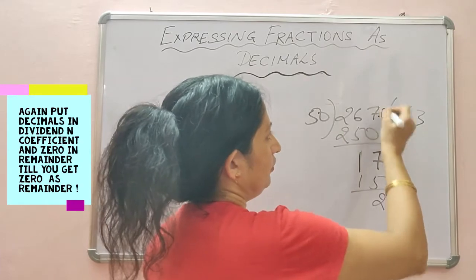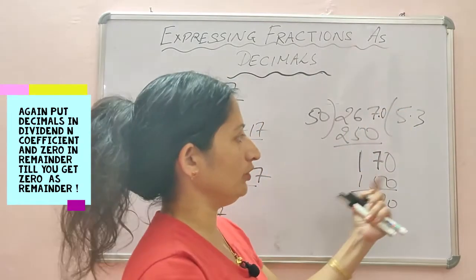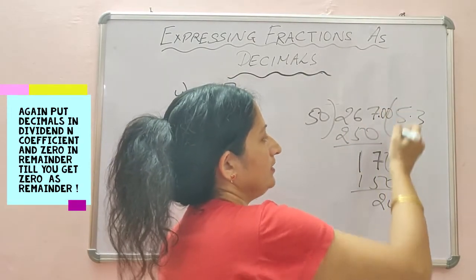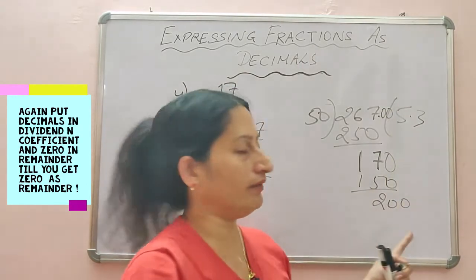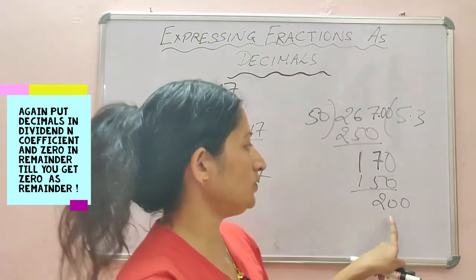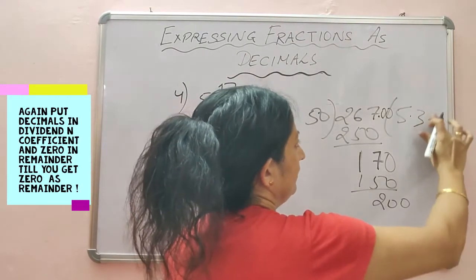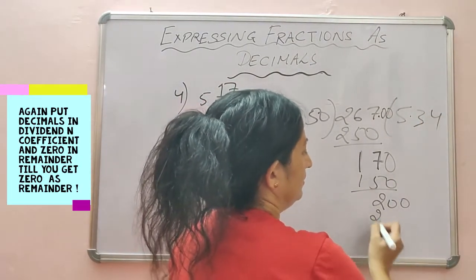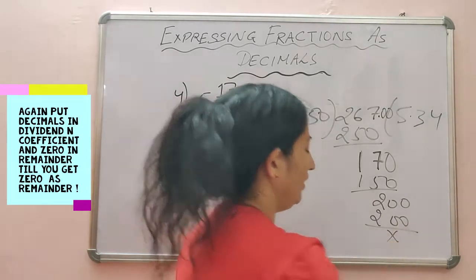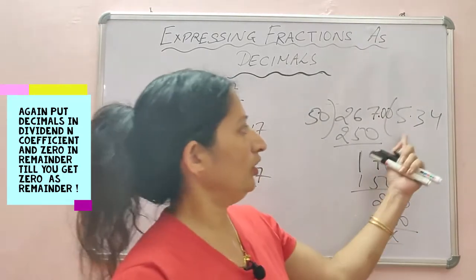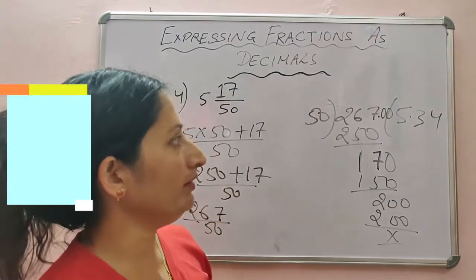Now a 0 is to be put here, and another 0 here, because in the remainder I again need a 0 as 20 is lesser than 50. So I will have it like this. Now the remainder is 0, so my answer is 5.34.